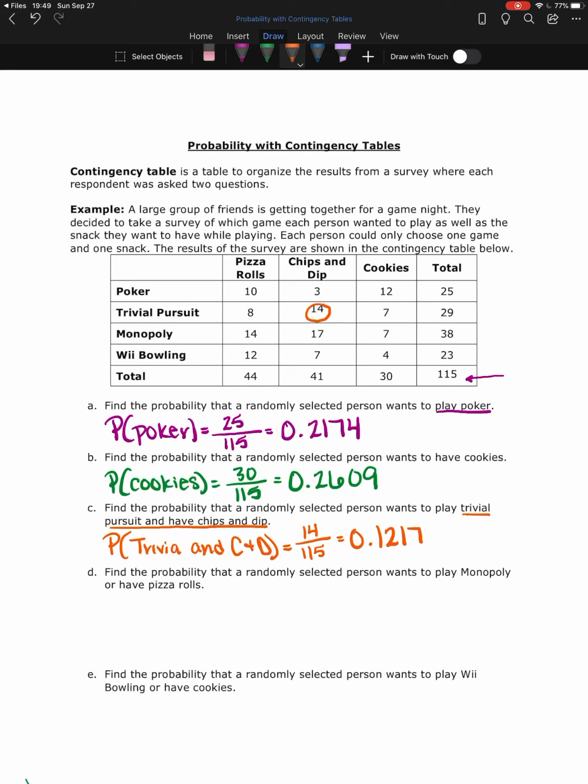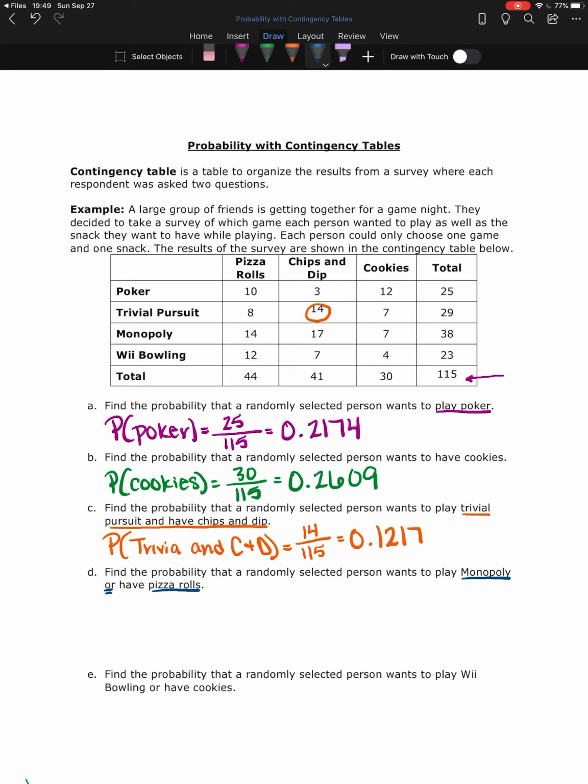So now, find the probability that a randomly selected person wants to play Monopoly or have pizza rolls. So when we see one of these problems, we need to ask ourselves first, is it possible for someone to have said Monopoly and pizza rolls? Is there any overlap in these results?